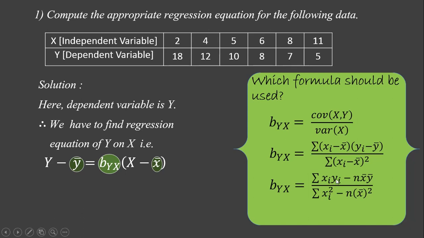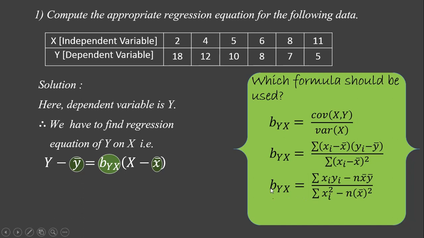Here, for xi yi, if we consider the product of these two, 2 into 18, 4 into 12, 5 into 10, 6 into 8, we can calculate the value of these products orally. Again, in the denominator summation xi square is there. So again if we observe the values of x, we know the squares of these numbers: 2 square, 4 square, 5 square, 6 square. So instead of using the other formula, it is convenient here to use this formula.